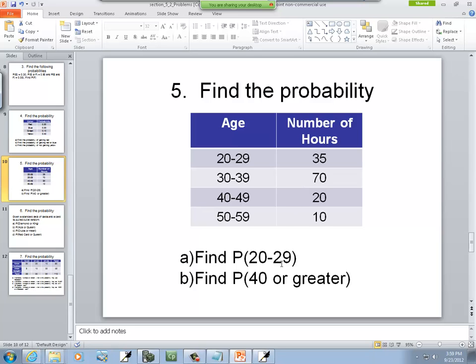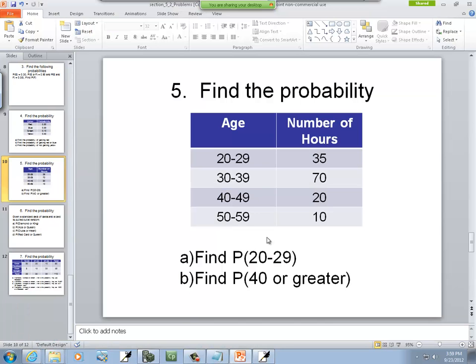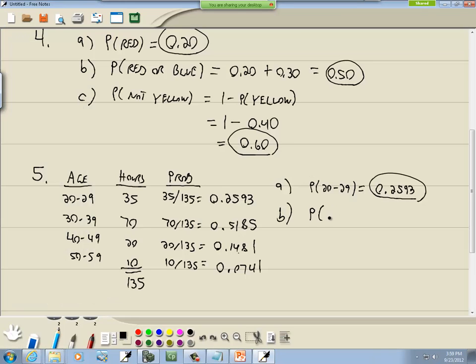Okay. Now part A. Find a probability that's between 20 to 29. Well, here's 20 to 29, here's my probability. So my answer would be 0.2593. Now B. It says find a probability of 40 or greater. Well, here's 40 through 49, 50 through 59.